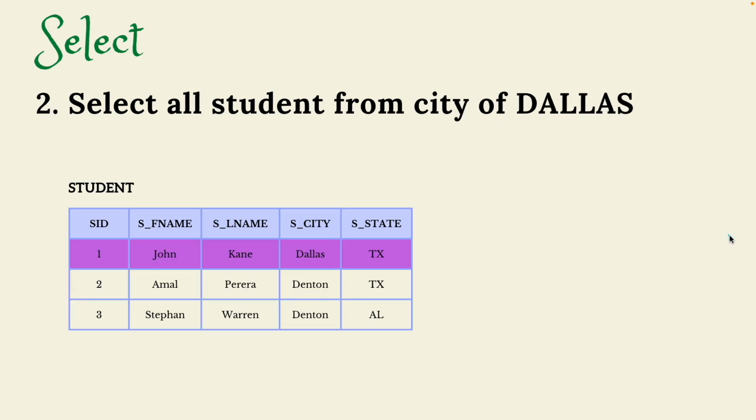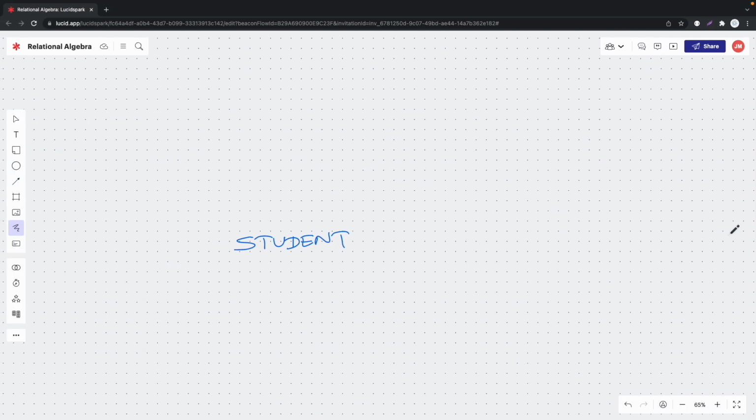Now you want to select all students from city of Dallas. The highlighted one is the one that we should get. So how are we going to restrict the number of records in this student table so that you get only records which have Dallas as the city?